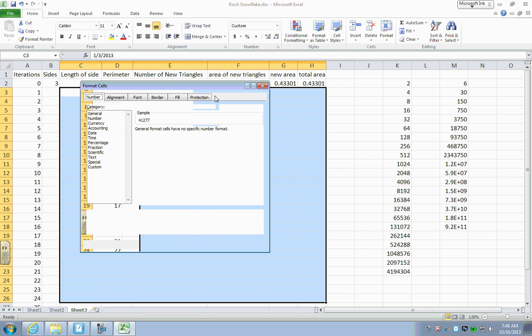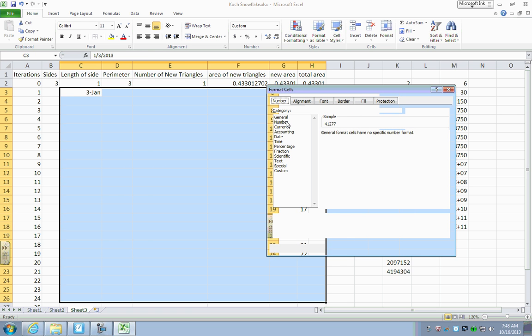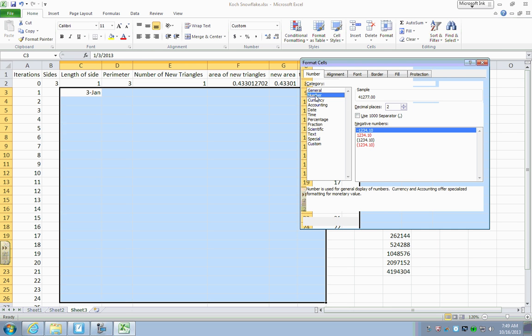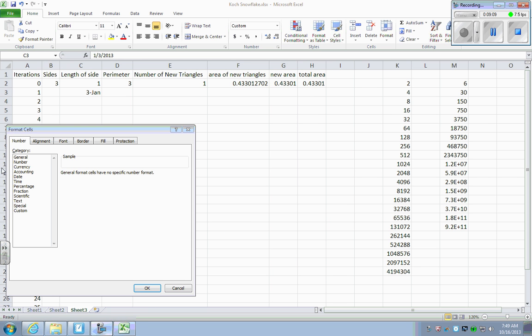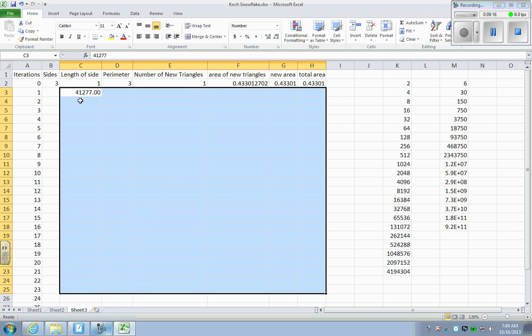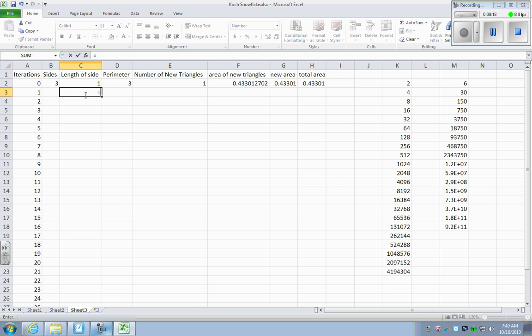Go to Number, and then you can just put this on Number. For some reason, this is being a little bit goofy, but change that to Number, and it'll work. So you can highlight them all, go to right-click, go to Number, click OK, go back and type in 1/3, and it'll do that for you.